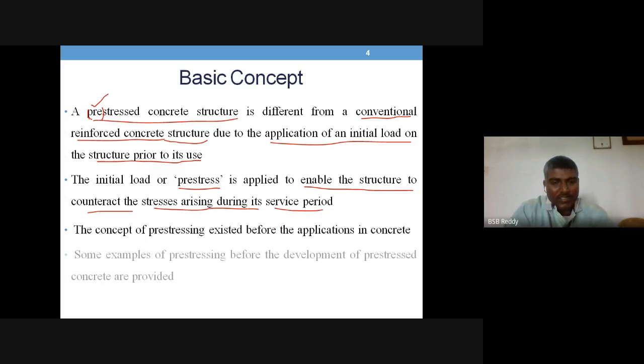We will be discussing some examples of how pre-stressing was there even before concrete was used. The basic concept overall is to induce some stress to counteract the stresses arising during its service period. This is the basic concept involved.